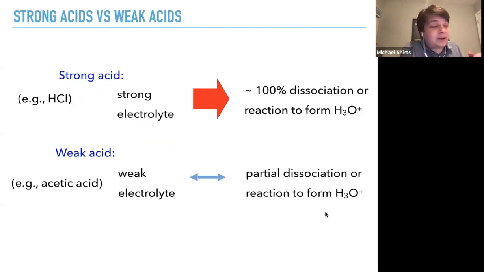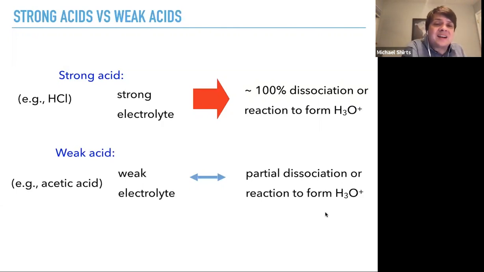Okay, so strong acids versus weak acids. We talked about strong and weak electrolytes. Strong acids are strong electrolytes. They essentially 100% react. The HCl reacts to form H3O+. So the neutral HCl dissolves and produces 2 ions per molecule, 1 chloride ion and 1 hydronium ion.